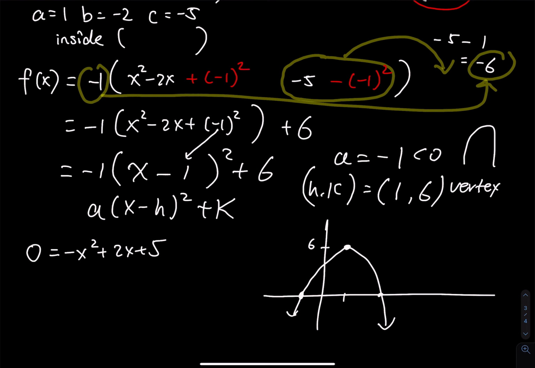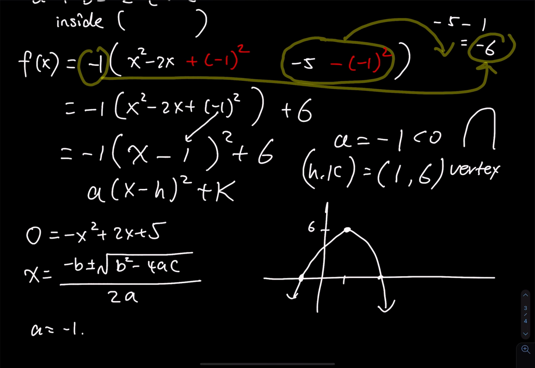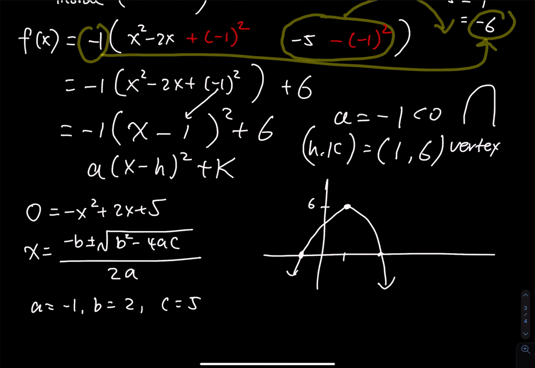So you let x equal negative b plus or minus the square root of b squared minus 4ac, divided by 2a, and then what do you get? Here a equals negative 1, b equals 2, c equals 5. At the end of the day, you are going to get negative 1.45 and positive 3.45.